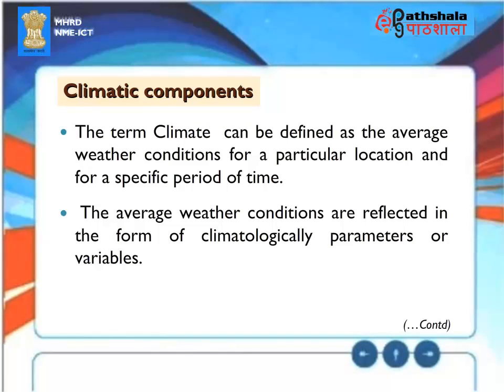Climatic components. The term climate can be defined as the average weather conditions for a particular location and for a specific period of time. The average weather conditions are reflected in the form of climatological parameters or variables.